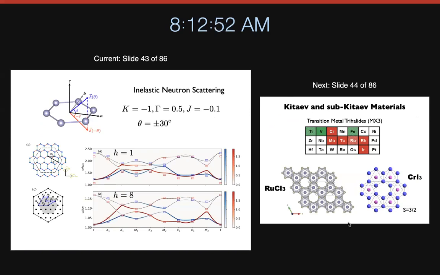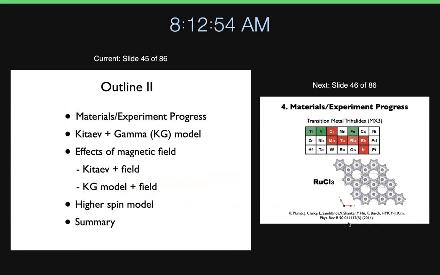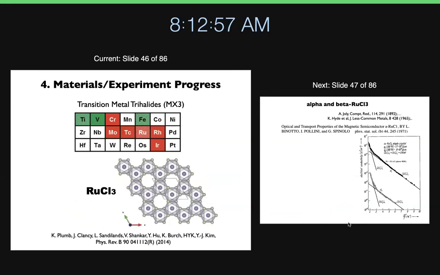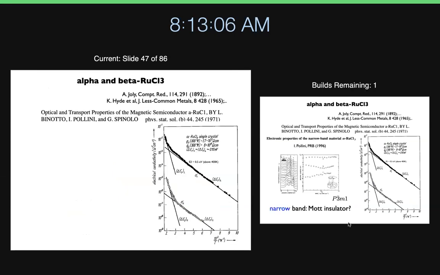We believe that the one-half is well separated from the 3/2, at least in this one. This material is actually a very old one; you can go back to 1892. It's very old, but the details have started to show up recently. I think most of those are pretty well known.